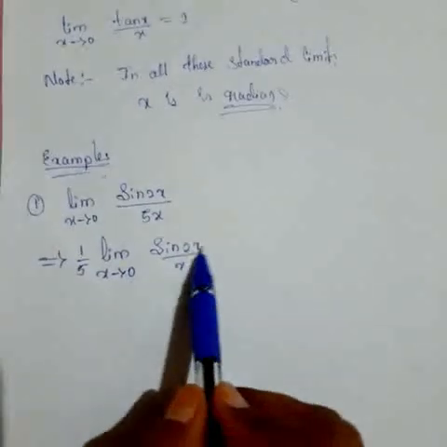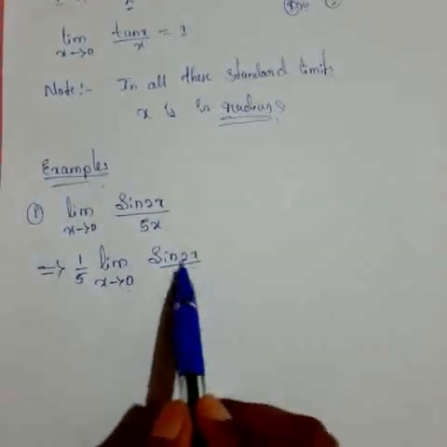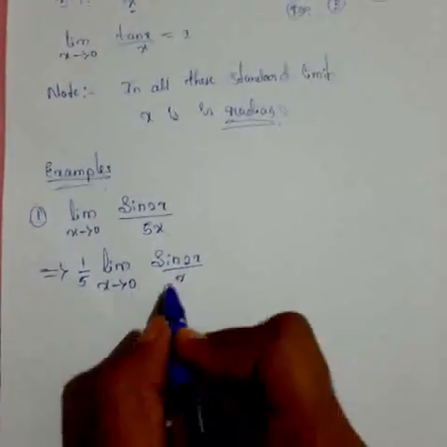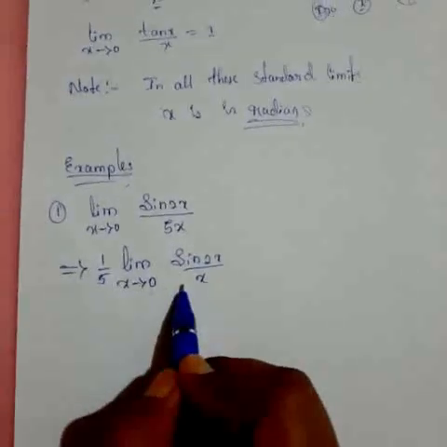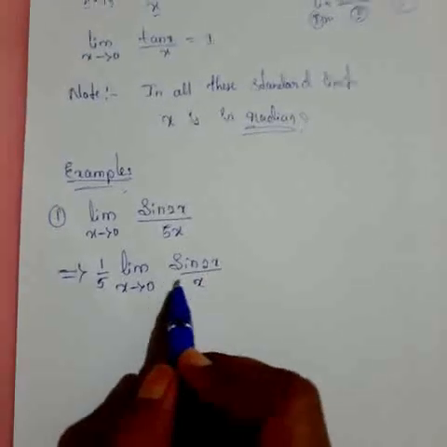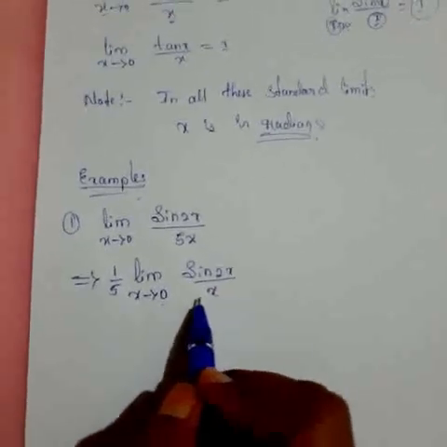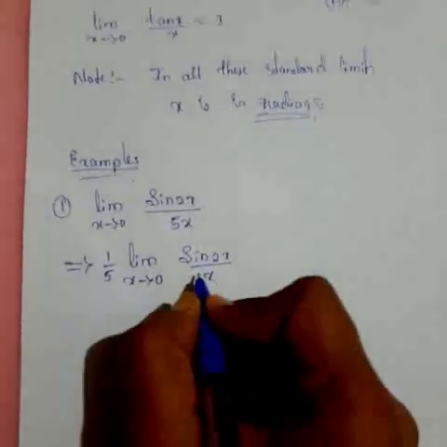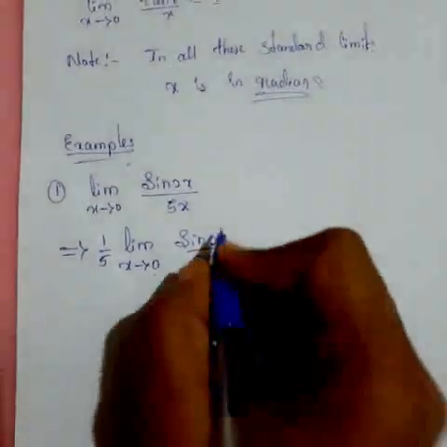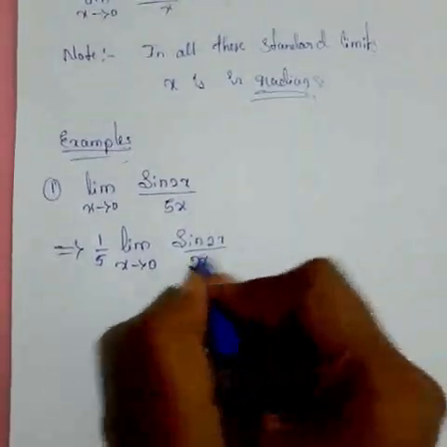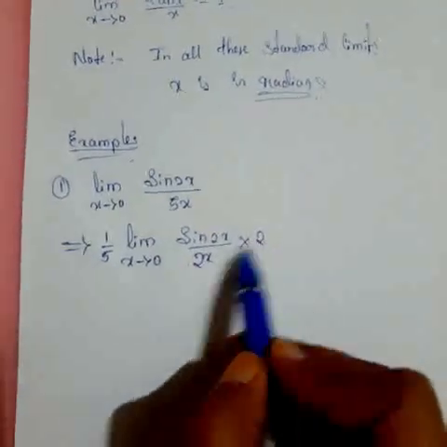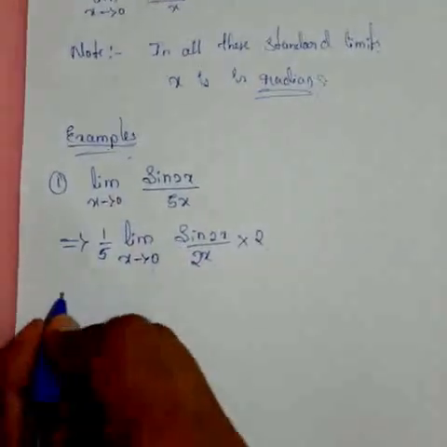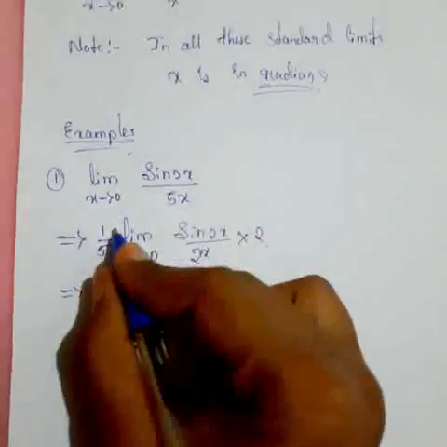But here in the numerator you have 2x and in the denominator x. To convert it to the standard form, we need 2 in the denominator, so multiply and divide by 2. Then take that 2 outside.